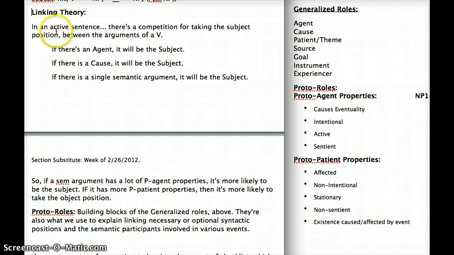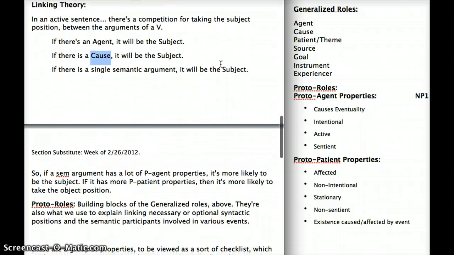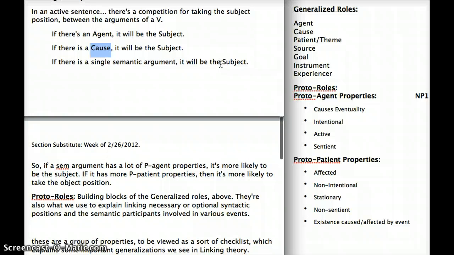So in an active sentence, we say that there's a competition for taking the subject position between the arguments of a verb. If there's an agent, and it's the clear agent, it will be the subject usually. If there's a cause and a unique cause, and there's no other agent in there, then it'll also be the subject usually.